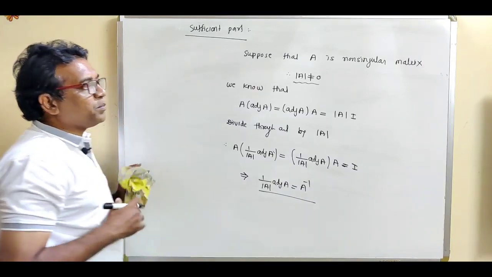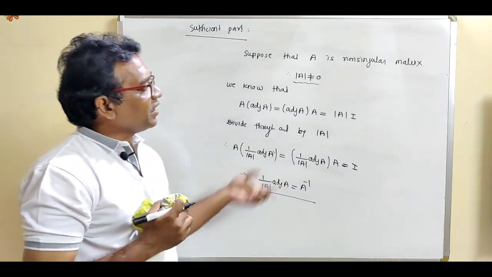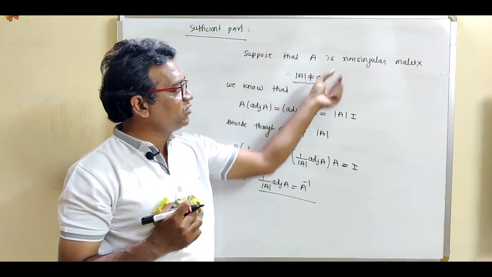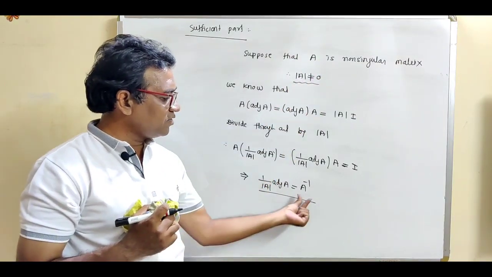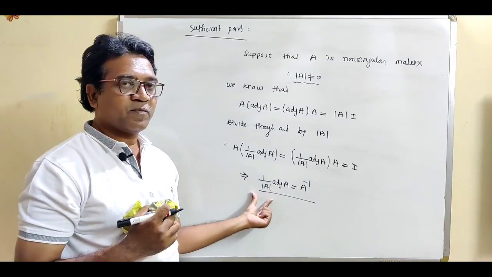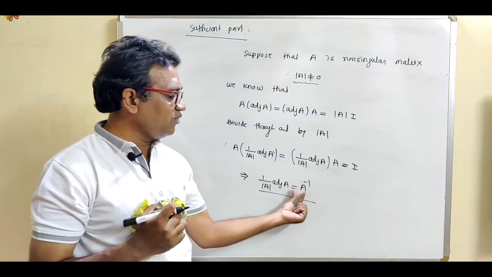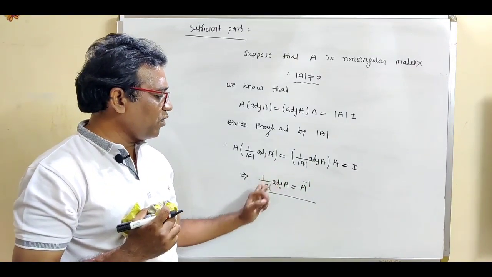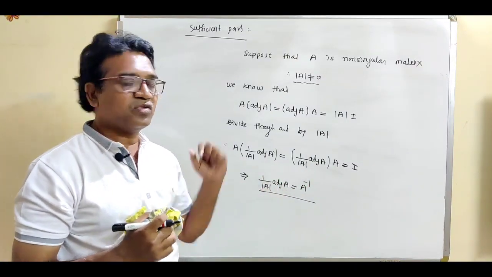So this is the sufficient part. What is the sufficient part? Suppose that the matrix A is a non-singular matrix, and by using this condition prove that this matrix A has an inverse. And what is the formula for finding the inverse? A inverse is given by the formula 1 upon determinant A into adjoint A.